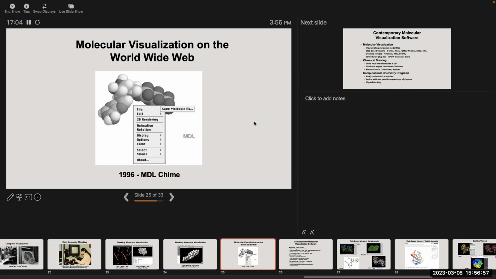And it allowed you to actually view 3D molecular models right inside of a web page. This is viewing a molecule of ATP in a web page, and you could right click and bring up this menu to rotate the model around, change how you displayed it, ball and stick or space filling or whatever, and you could save the molecule. You could save it as a VRML file directly out of Chime.